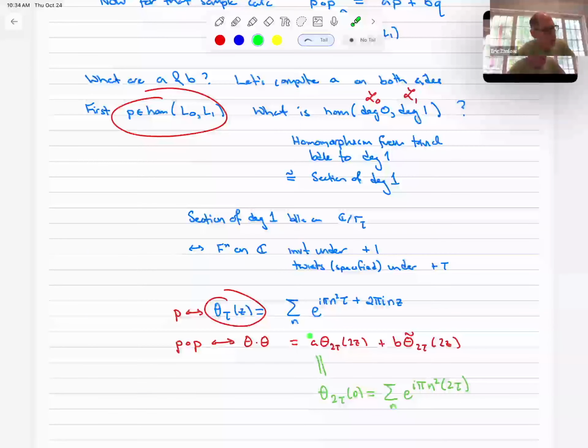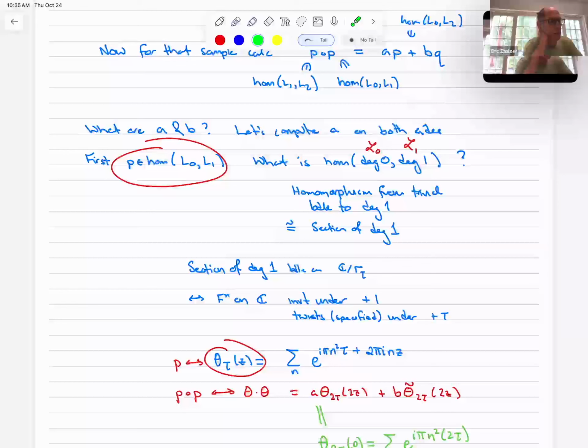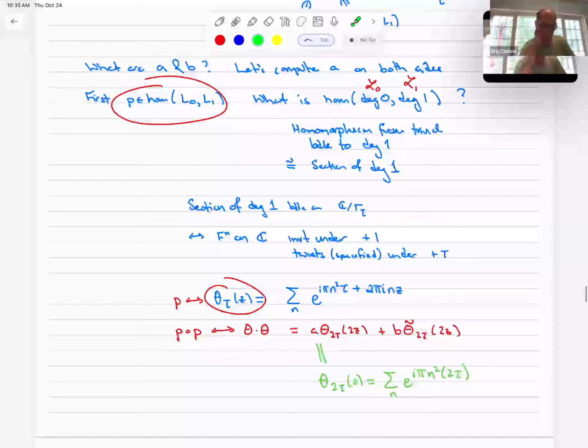And the coefficients of that linear combination are known, and this is one of those coefficients. So our task is to compute on the A side, the symplectic side, where we have to count triangles. What is this A? What is the sum over all of those triangles? Well, let's compute it. Any questions?